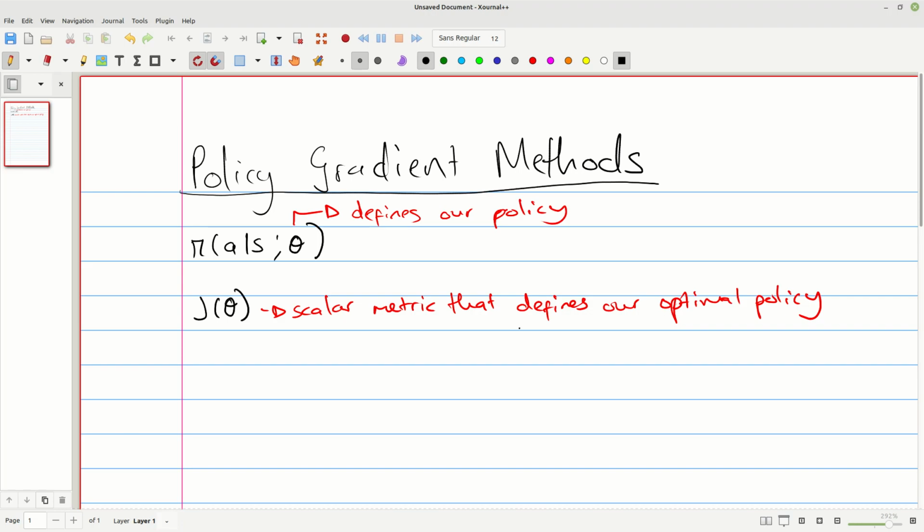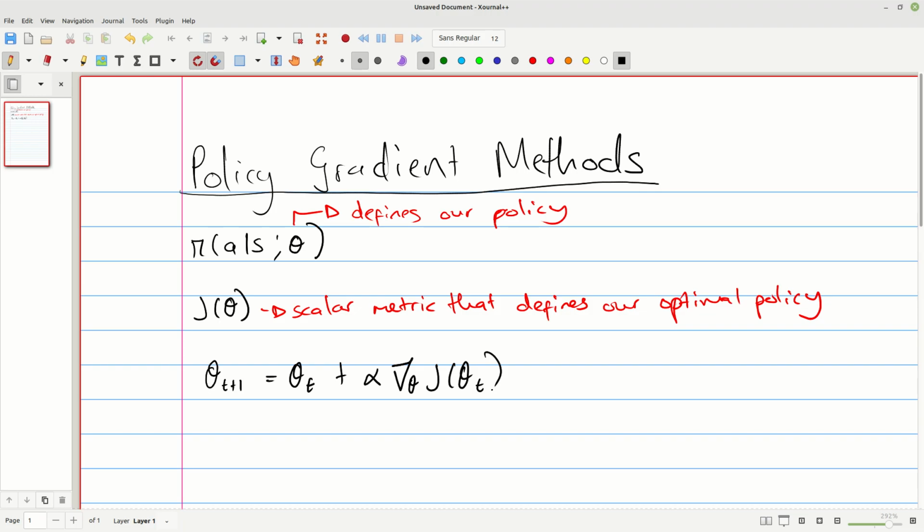The way we would update theta would be to say theta at time step t plus 1 equals theta at time step t plus alpha times the gradient with respect to theta of J theta t. Right now I have not specified what J theta actually is, and I will do so in a moment.